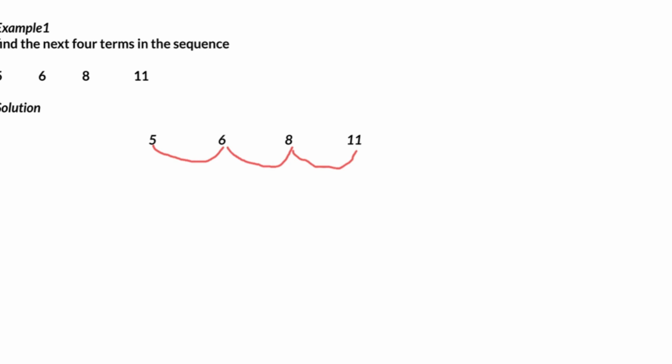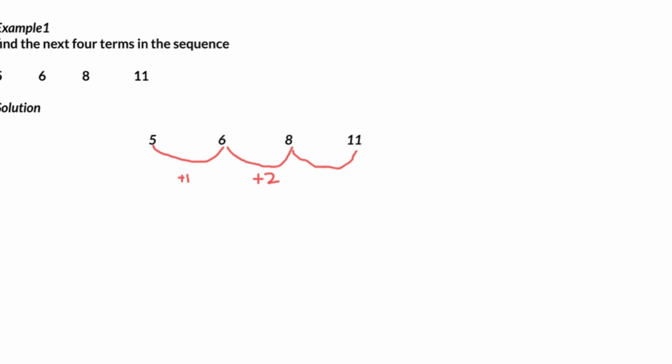Now I can see that the difference between 5 and 6 is 1. So I think the difference between that should be plus 1. The difference between 6 and 8 is 2. So we should have plus 2. The difference between 8 and 11 is plus 3.